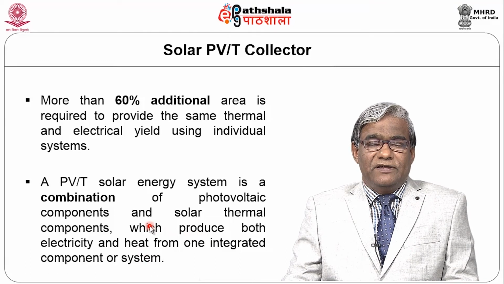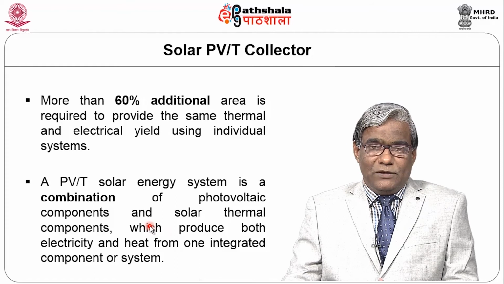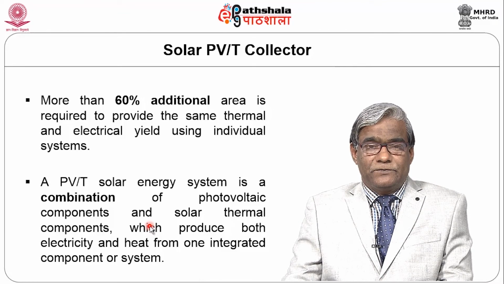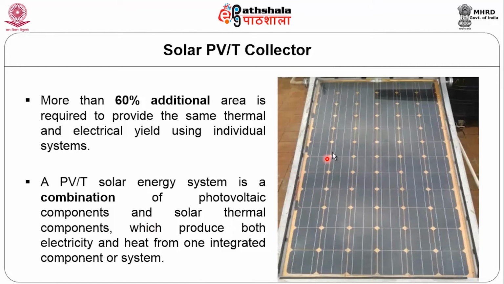So instead of having two separate systems, we can have only one system, but we can have electricity as well as hot water. This is the top portion of the solar PVT system, a solar PV panel. This solar PV panel will give the electricity; the sun rays strike the PV panel, which is a semiconductor device, and electricity is produced.